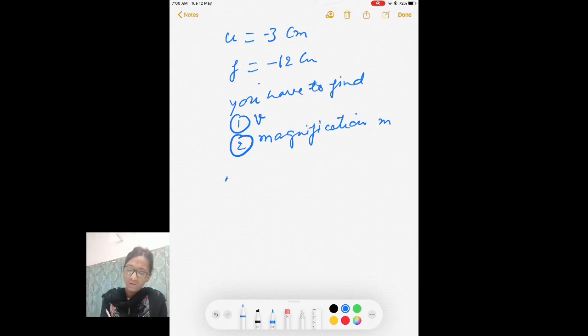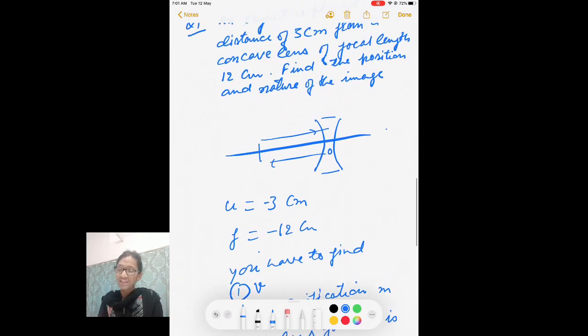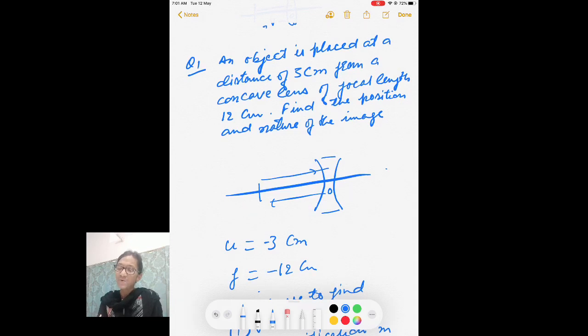Lens formula is 1 upon v minus 1 upon u is equal to 1 upon f. Now let me put all the values given with their sign, and we will not put the sign on the thing which we are to find.